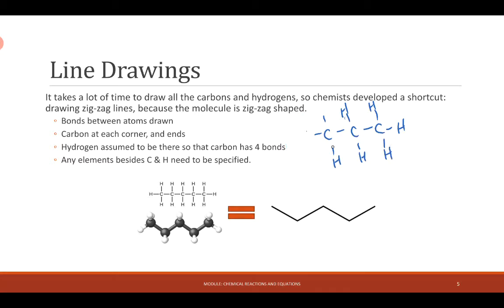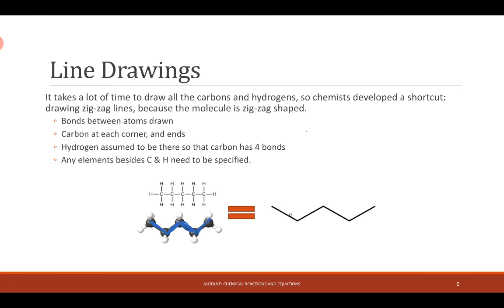That way they wouldn't have to keep drawing all of these carbons and hydrogens over and over again. This is a very time-saving method, and it's based on the structure of the molecule in 3 dimensions. Due to the bond angles between these carbons, it naturally forms a zigzaggy shape.